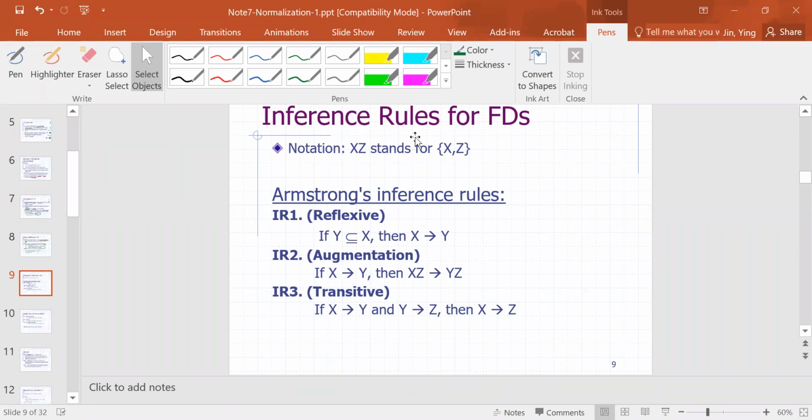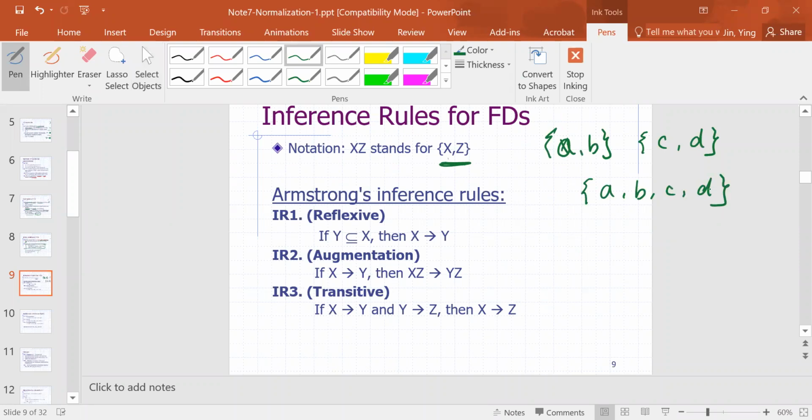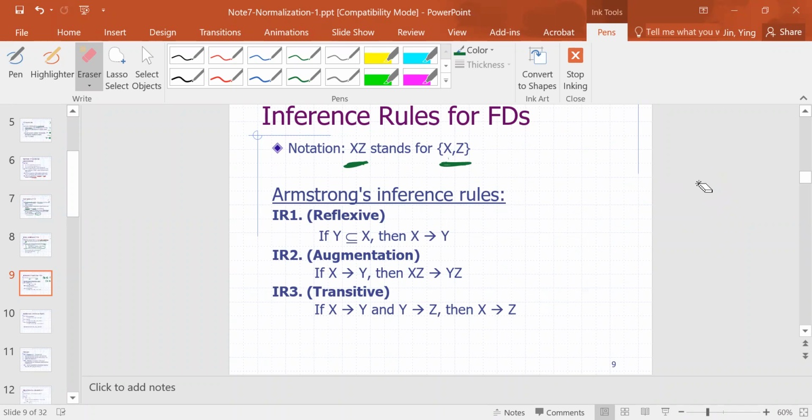For example, X has A and B, 2 attributes, and Z has C and D, so XZ is actually A, B, C, D. I'm just using this to simplify rather than saying X comma Z.